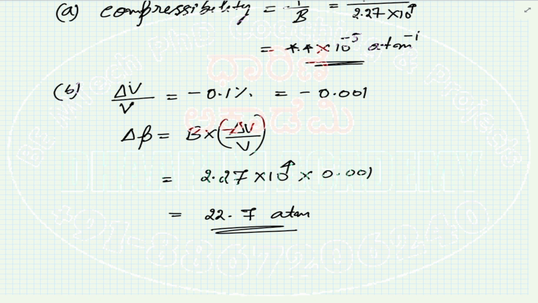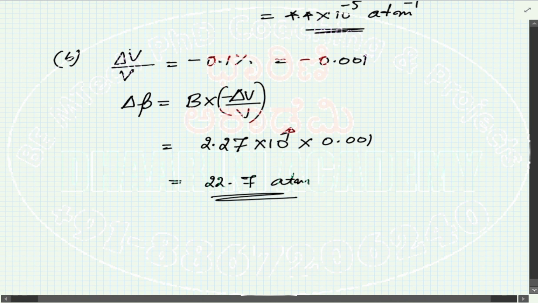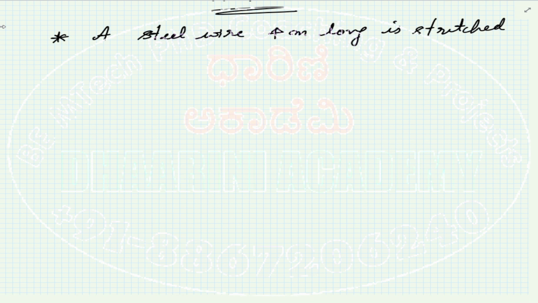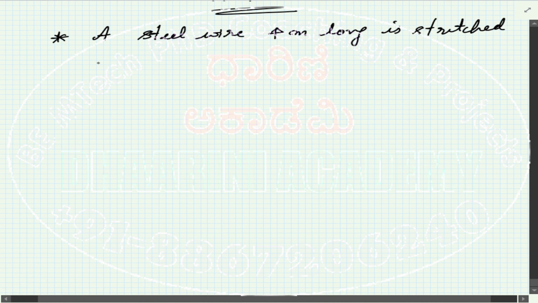All right, then let's go to the next question. A steel wire of 4 meters long is stretched by 2 millimeters.